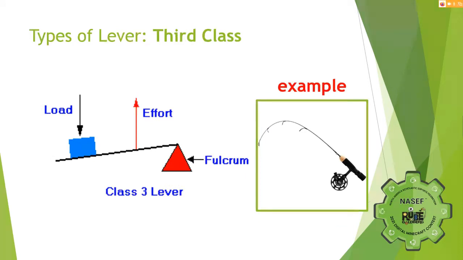And then finally, and this is one that came up in the chat, a fishing rod is an example of a third class lever where the load is on the end, right? So this would be where our fish is pulling down on the line, which is pulling down on the end of that beam. The effort is actually more closely to the center, right?